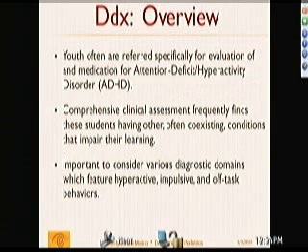Well, when we have the opportunity for comprehensive clinical assessment, we frequently find that youth often have other, often coexisting conditions that impair their learning and other aspects of their life. This is oriented to the school, not only because of the work I do, but this is where the concerns often come up that are then communicated to parents.